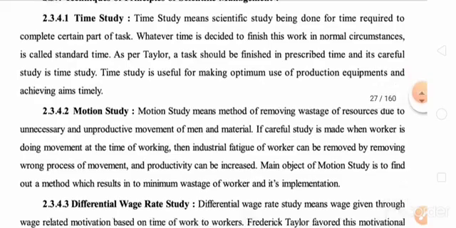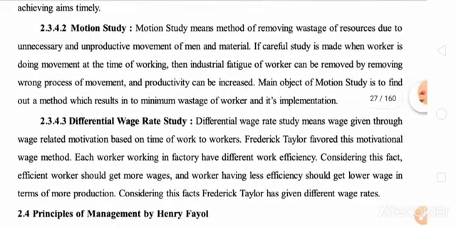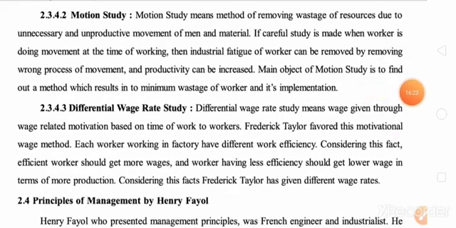Next one is point number two, that is motion study. Motion study means the method of removing wastage of resources due to unnecessary and unproductive movement of man and material. In any factory premises, we have movement of man and material, because it should be arranged in a manner that will be helpful in producing the goods according to the demand.